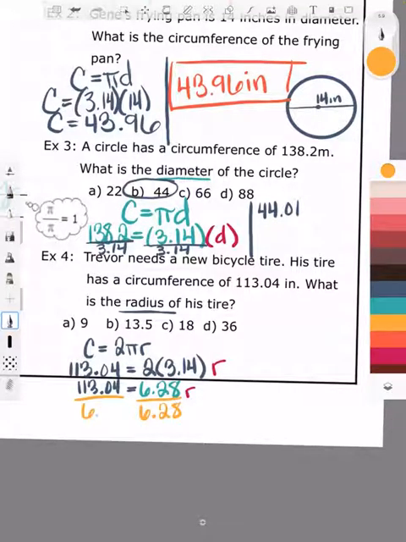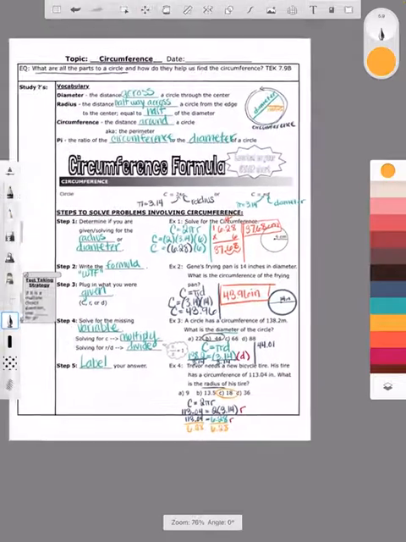Again, none of the answer choices are really that close, so you could do 113 divided by 6, and you're going to end up with around 18. So answer choice C would be our closest answer there.